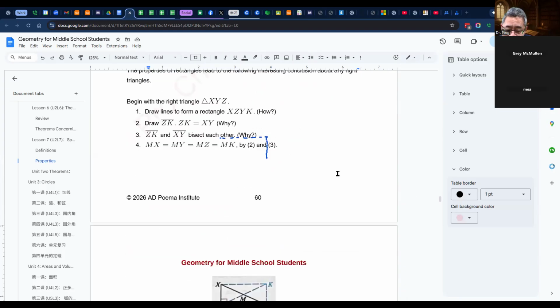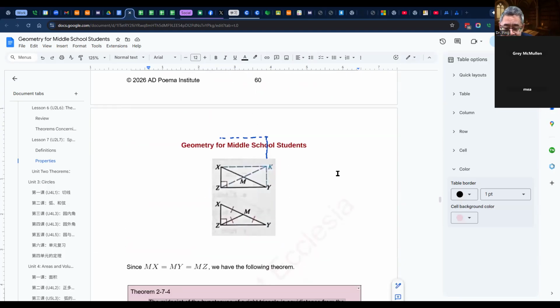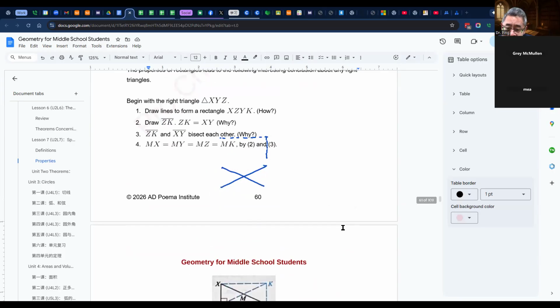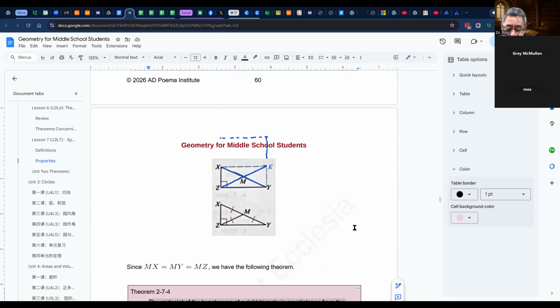So we know this line is congruent to that line. And we also know that these two are bisecting each other.